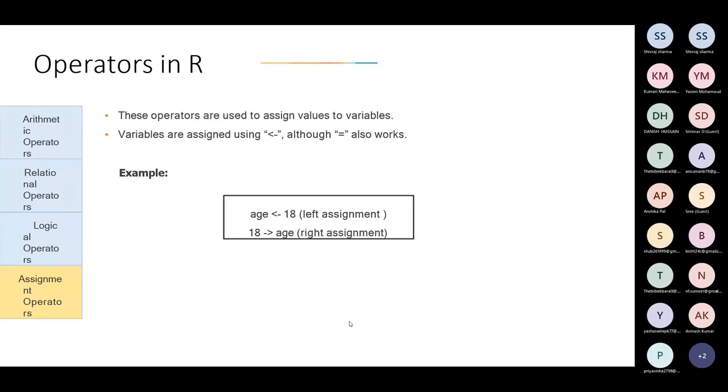Whatever preference you want to give, whether you first define the variable or first want to assign the value, they will execute in the same way. If you want to execute your value first, then you will use right assignment.